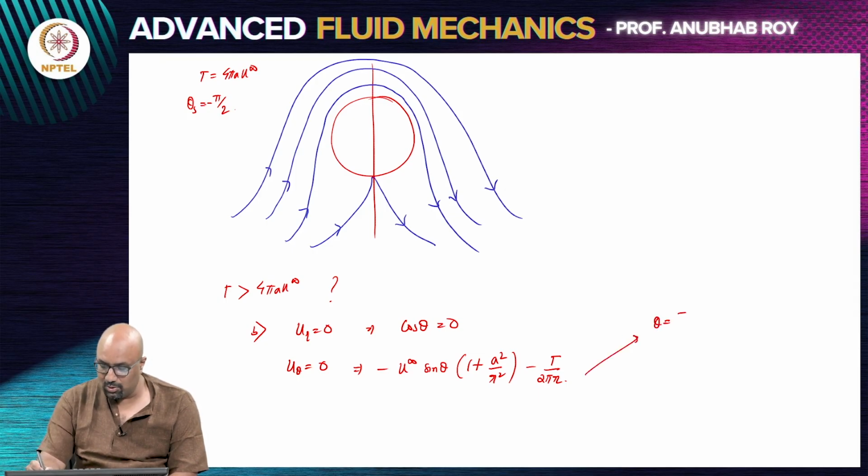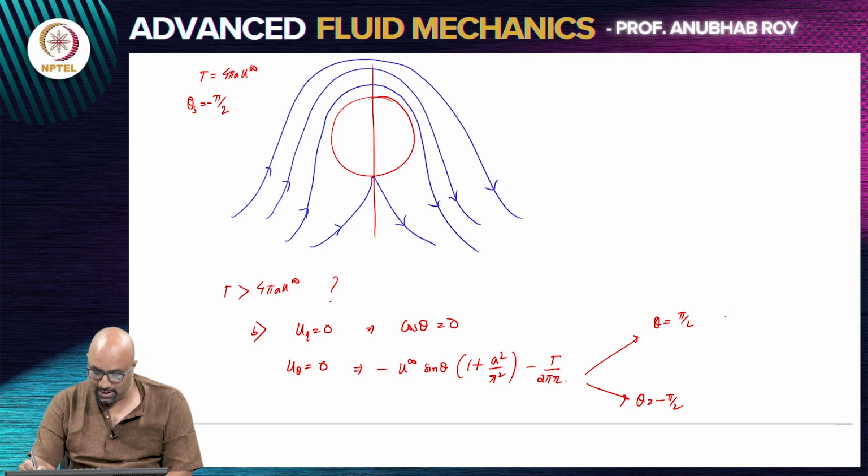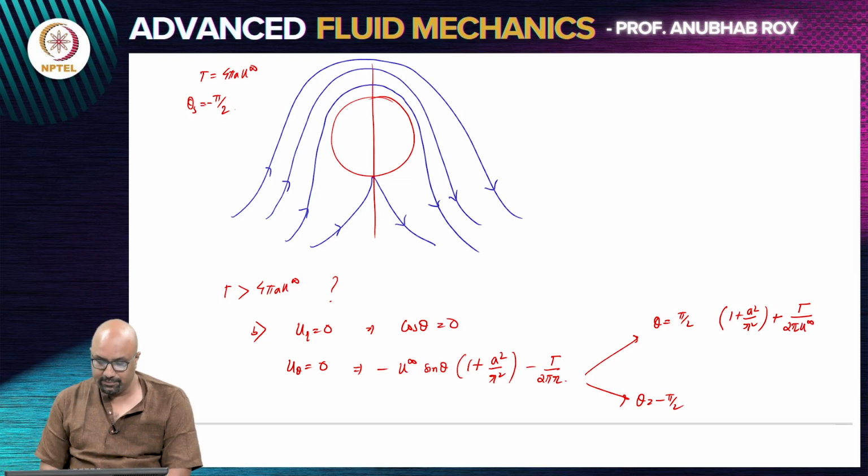If theta is equal to pi by 2, then sin theta is equal to 1, in which scenario I would get 1 plus a square by r square plus gamma by 2 pi u infinity times r is equal to 0.